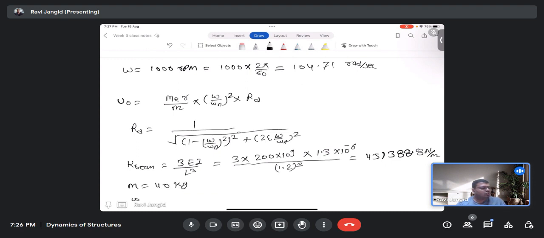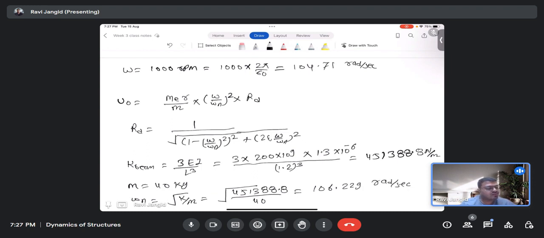So you can find out the omega n: 451388.8 by 40, square root. It is coming out to be 106.229 radian per second. And that omega I had written wrong, it was not 106, it was 104.71.